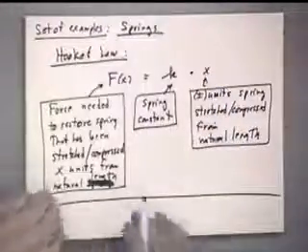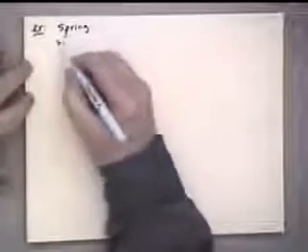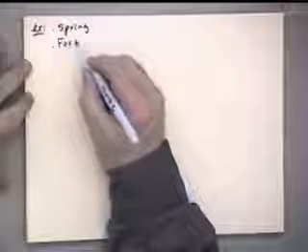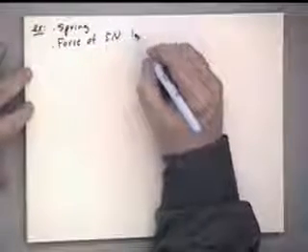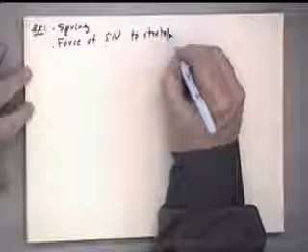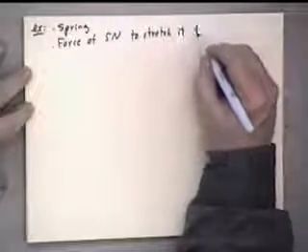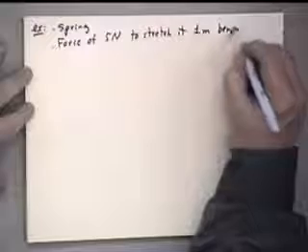So in practice, it goes like this. Here's an example. It is a spring example. And suppose you are given the following information. You're told that a force of 5 newtons is required to stretch this spring 1 meter beyond its natural length.